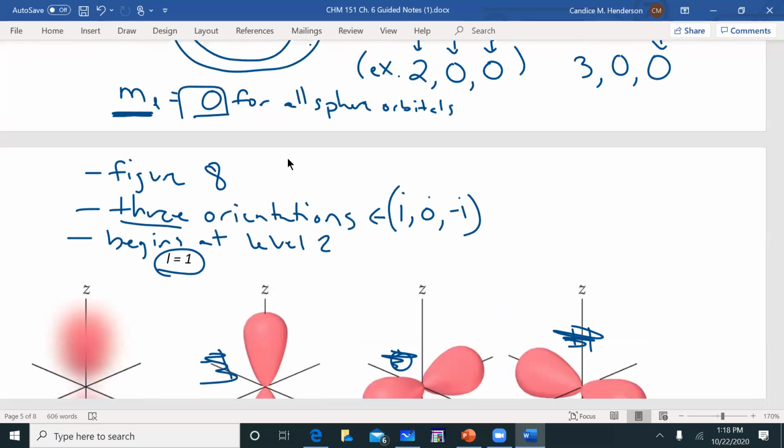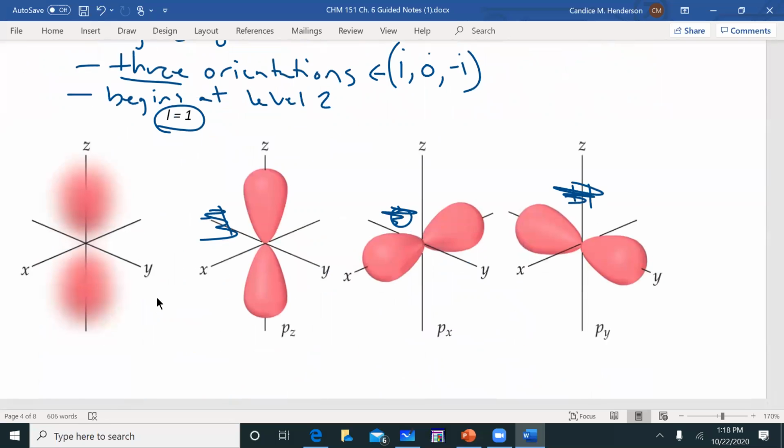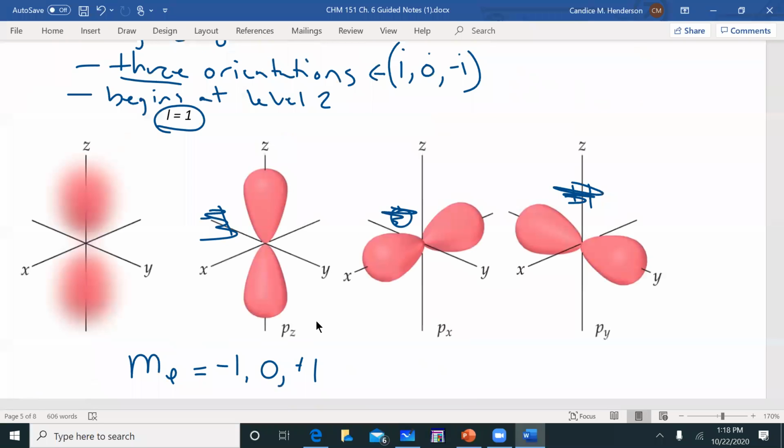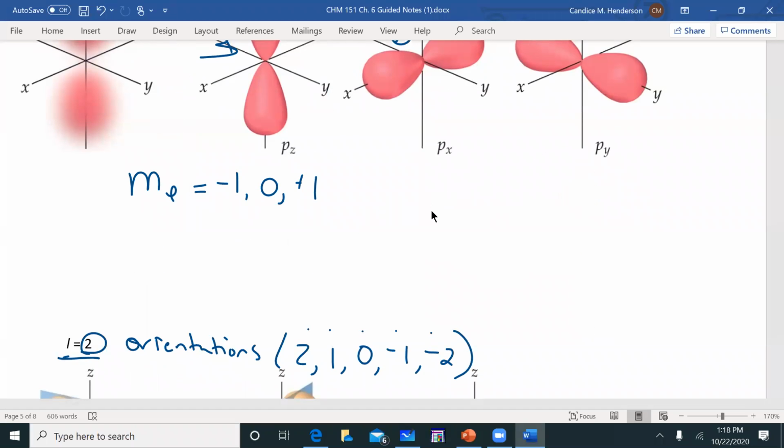So let's go back up here. We've got our dumbbell shapes. There are 3 orientations. We said that our ML values can be -1, 0, and +1. Now, if I was to do a couple orientations for this, my energy level, or my N, has to start at 2.